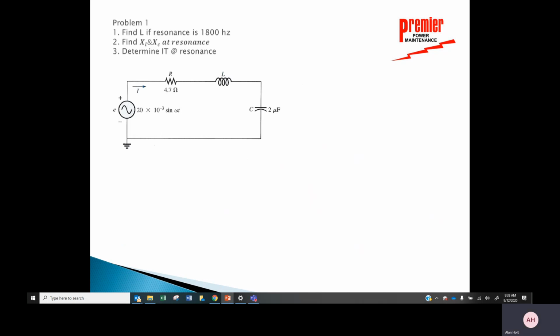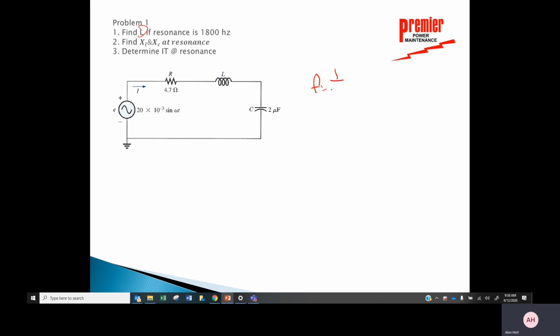So just a couple real quick problems here that we can look at that will help us maybe. Let's just say that I've got this circuit right here. So I got 4 ohms. It's like, find L if the resonance is 1800 hertz, okay? So I have to use that equation.